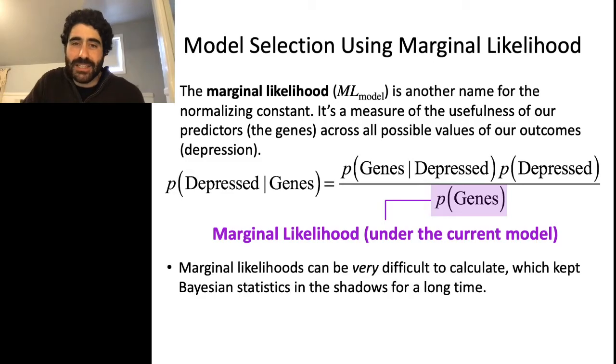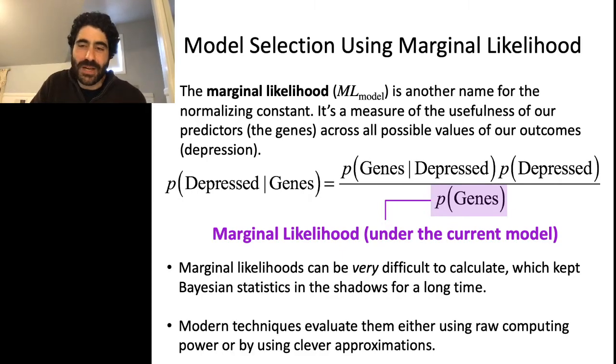So one problem is that in real life, for a lot of the kinds of things we measure in psychology and neuroscience, our data sets are really complicated. We're measuring continuous valued things. We're measuring lots of things at a time. And so actually computing these can be really hard. There are a bunch of modern techniques for how to compute these things. Some of them involve brute force computing.